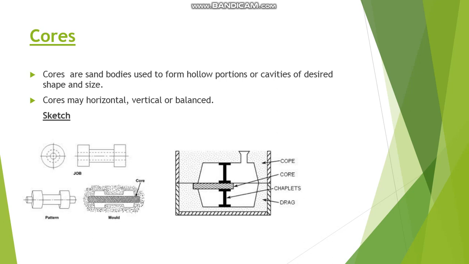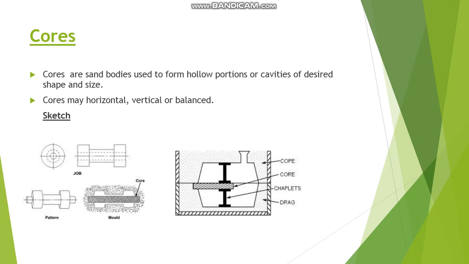The cores may be horizontal, vertical or balanced. See the sketch. On the left hand side, the job is a cylindrical portion with two extended diameters at the two ends, and it has a hole inside. Now the pattern will look like this. It will not look exactly like the job. It will have two extended portions at the two ends, which are called core prints.